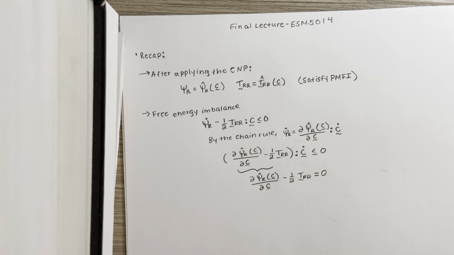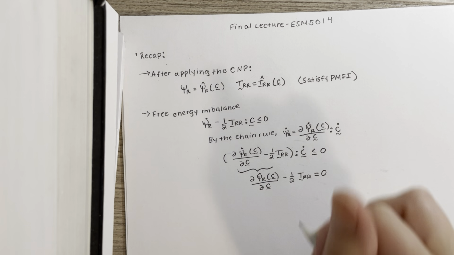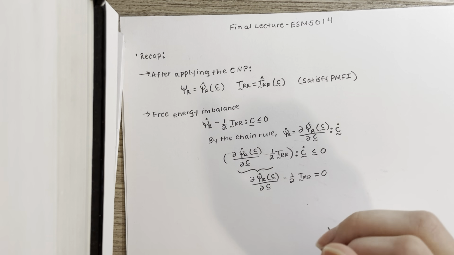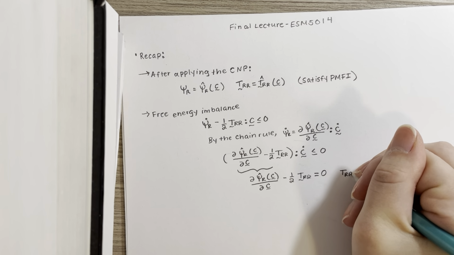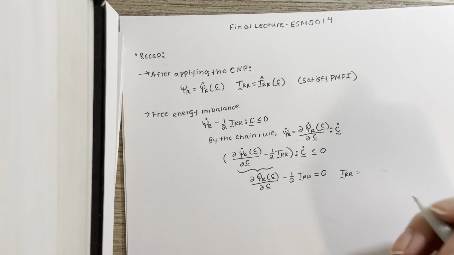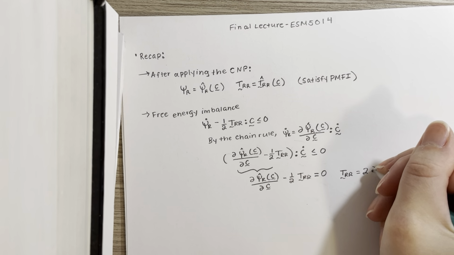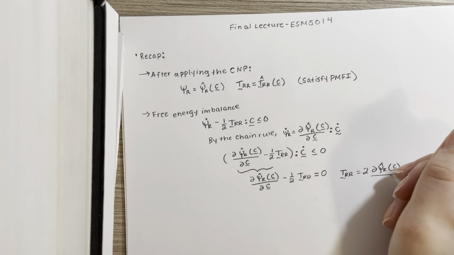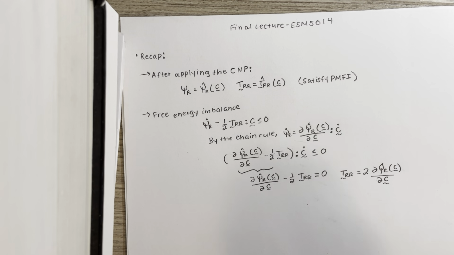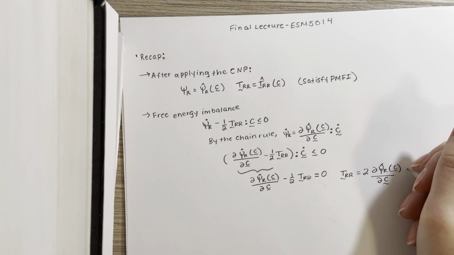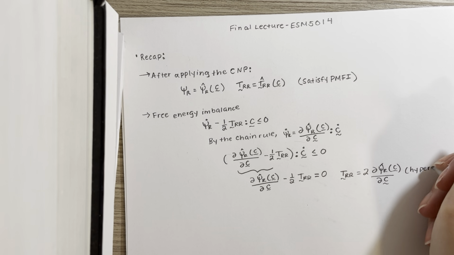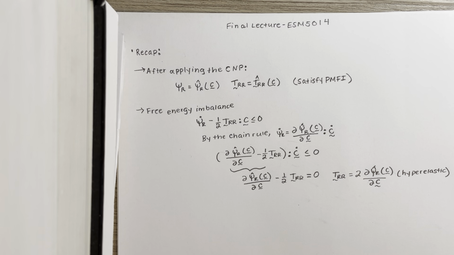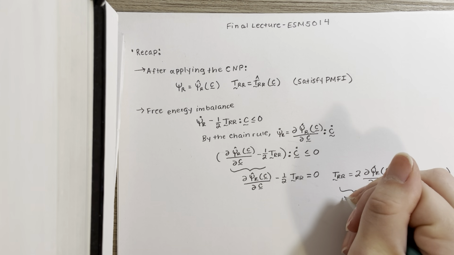Now we can form a relationship between our second Piola-Kirchhoff tensor and our free energy. T RR is equal to 2 del phi r hat of C over del C for hyperelastic materials, and this is our thermodynamic restriction.